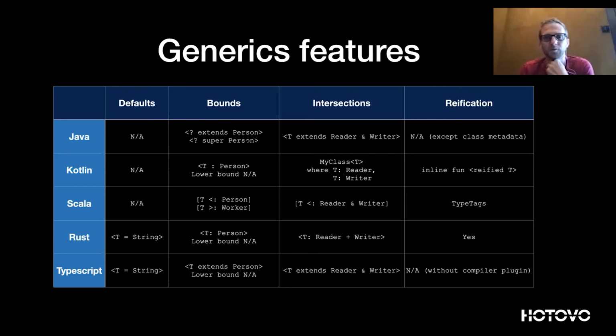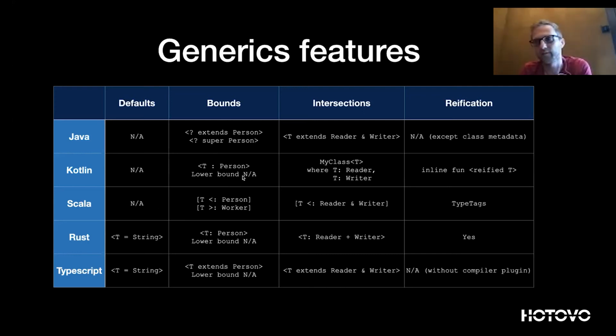Bounds. So those generic types may have bounds or type bounds. Java at the call site supports both extends and super. Kotlin implements the type bound like here. So type T can be any subtype of Person. Lower bounds are not available.